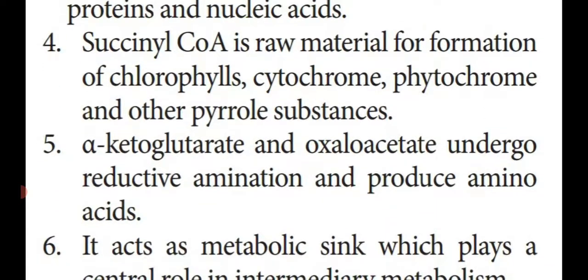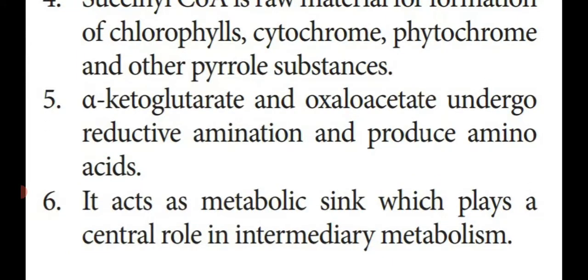The coenzyme known as succinyl coenzyme A is a raw material produced in the Krebs cycle, used to form chlorophyll, cytochrome, phytochrome and other pyrrole substances. Another one, alpha ketoglutarate, is a 5 carbon compound.